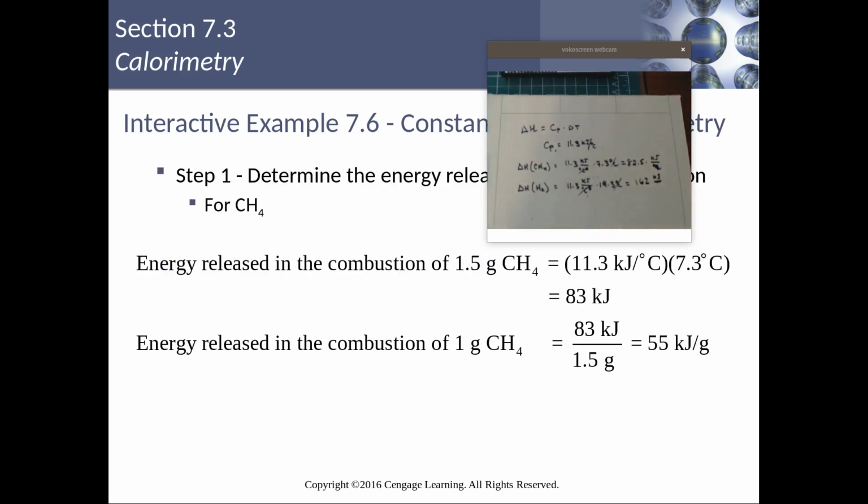And what do we do here? Oh yes, this is the total energy. When I want the energy released per gram, I divide this through by the number of grams that I have.